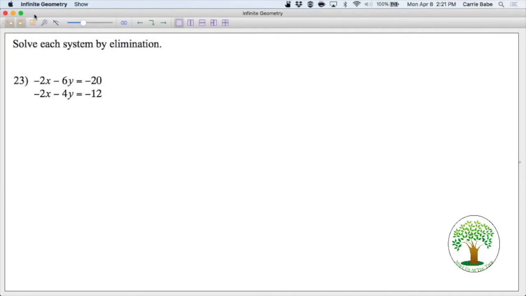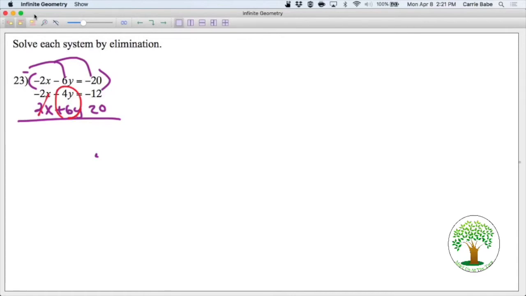So I'm going to multiply by a negative. That will become just plain old 2x. This one will become positive 6y. And this one will become positive 20. I'm going to write it right underneath, because then I don't have to rewrite that bottom one. I'm an efficiency expert. So these two now will cancel.